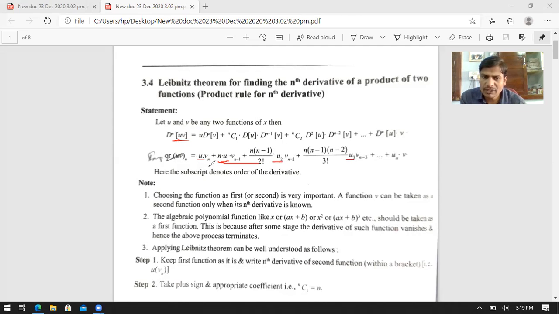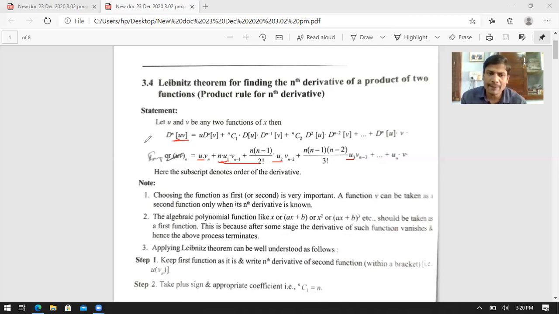After that, v_n is there, then the previous terms v_(n-1), v_(n-2), v_(n-3), and so on up to v. After that, the coefficients: n, then nC2, which is n(n-1) by 2, then nC3, which is n(n-1)(n-2) divided by 3 factorial. This is the formula.